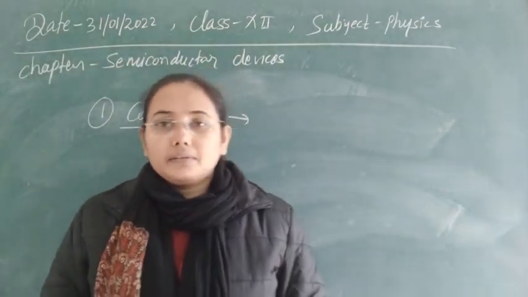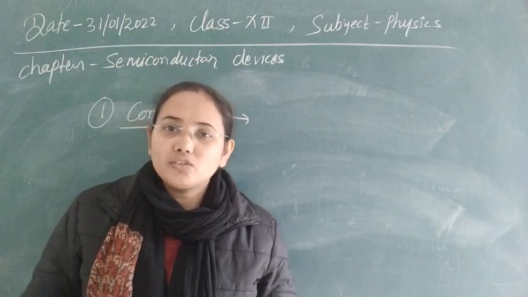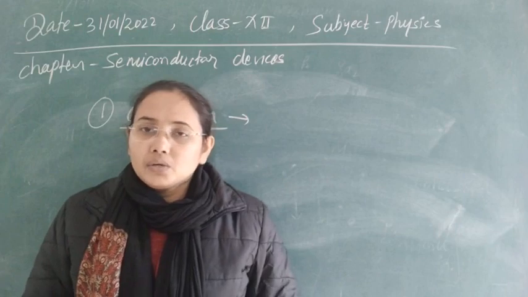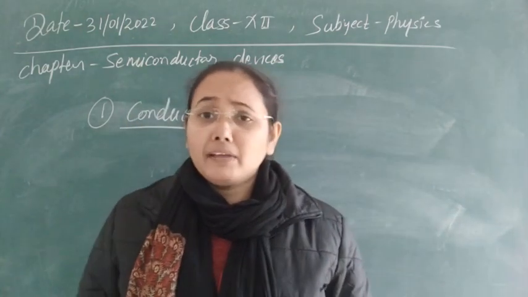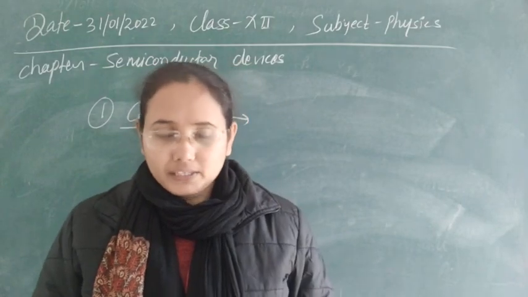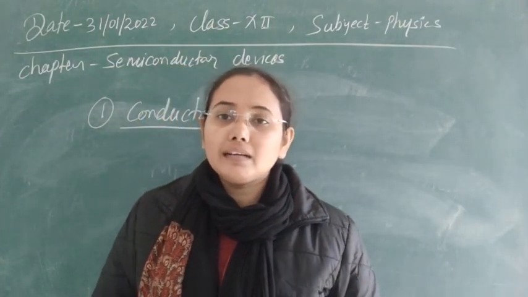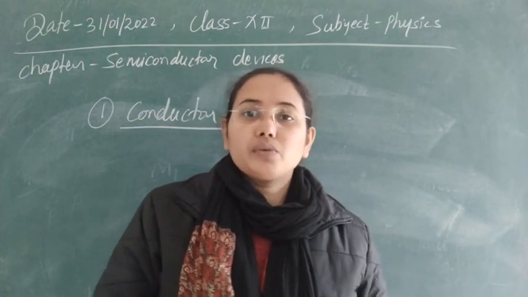It means that a large number of electrons make transitions from the valence band to the conduction band very easily, even when we supply a very small amount of energy.